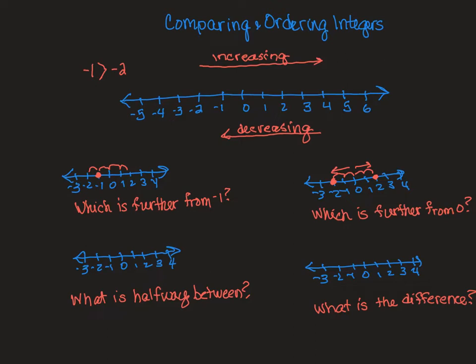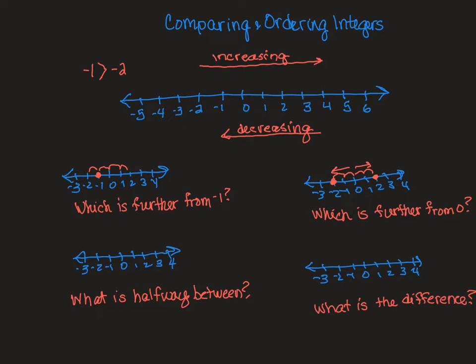I wanted to hit that again from the last video, because now I'm looking at a number line and seeing that if they have the same digit and different signs, they are equally distant from 0. They have the same absolute value, and when I add them together, they equal 0. So that's a little review from the last one.